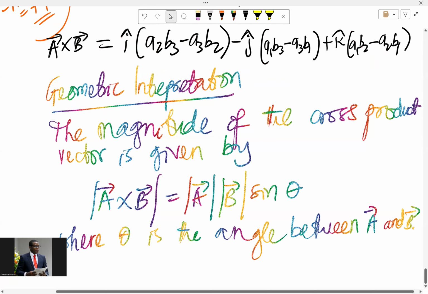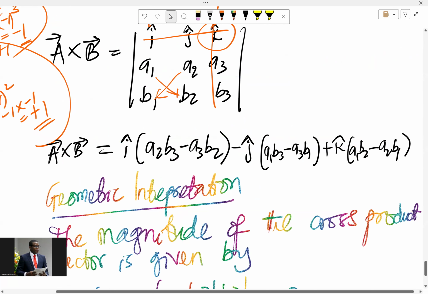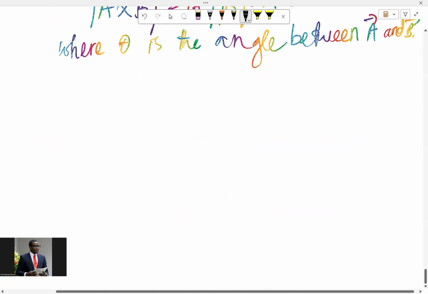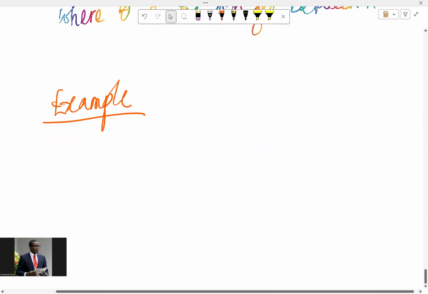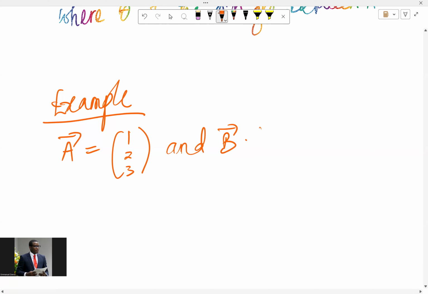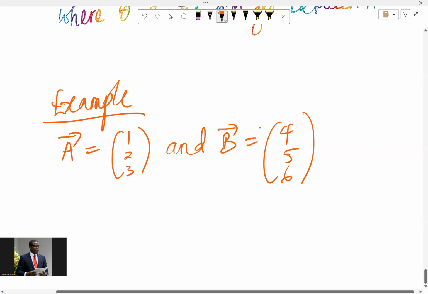Okay, so let's take an example. Imagine that you have a vector A, which is 1, 2, 3, and you have B, which is 4, 5, 6. Okay.